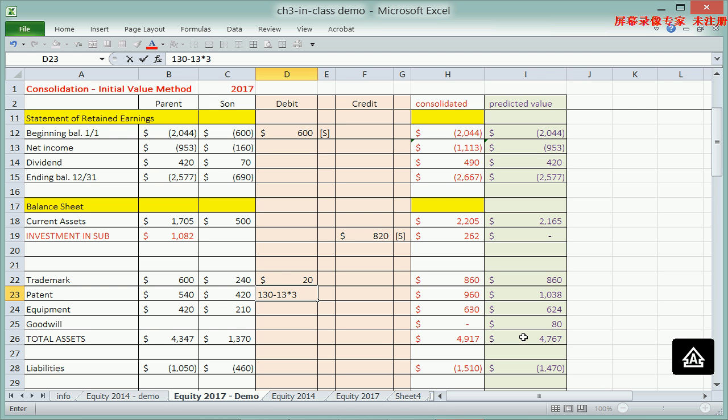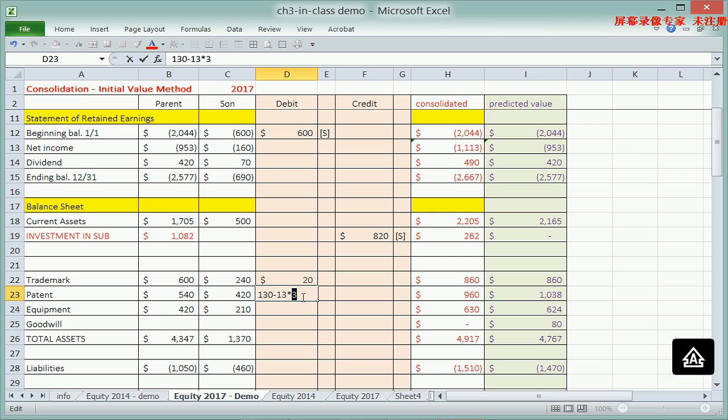Now, the consolidation at 2017 is the consolidation after 4 years, but we are eliminating using the A entry only up to 1/1/2017, so you want to multiply it by 3.